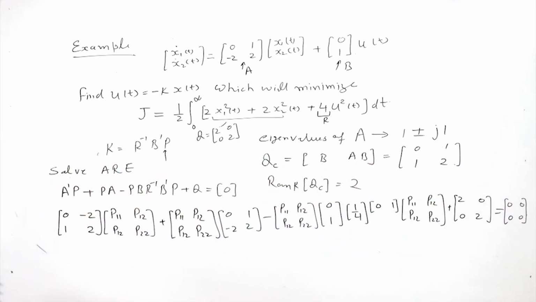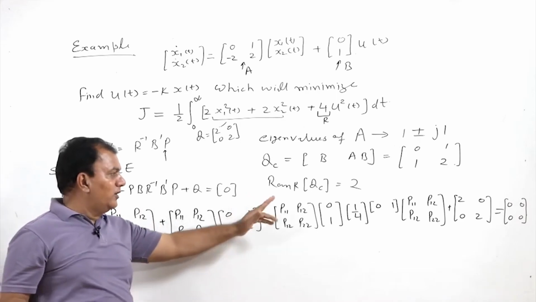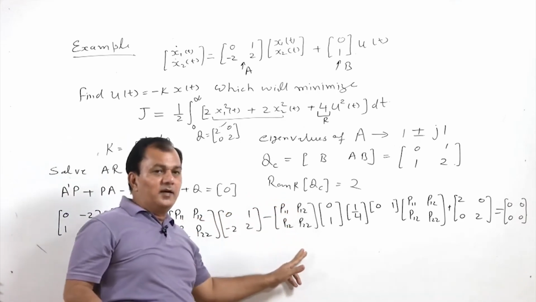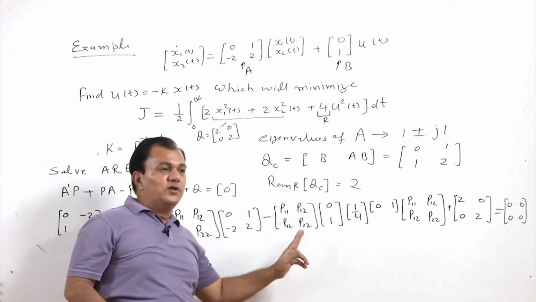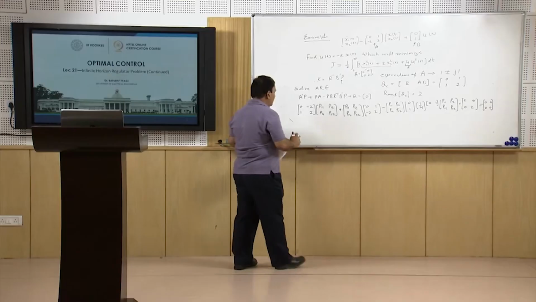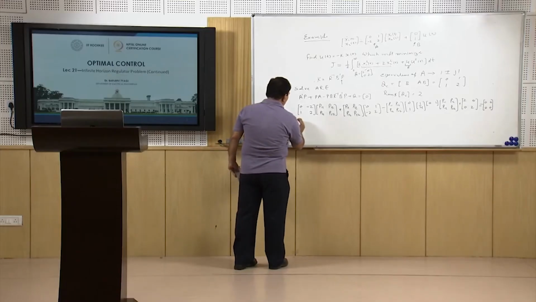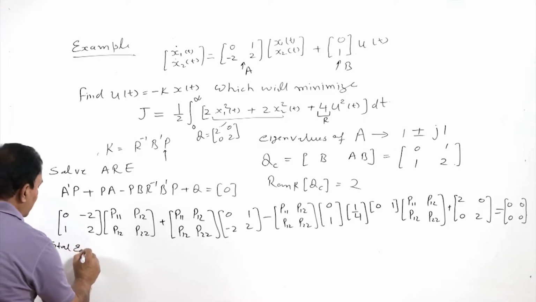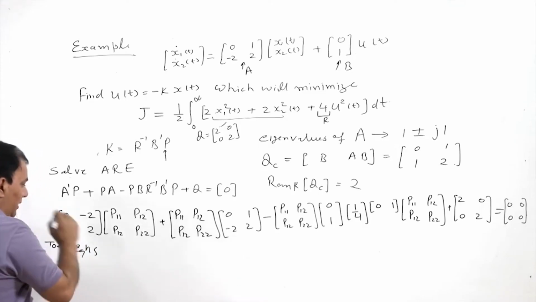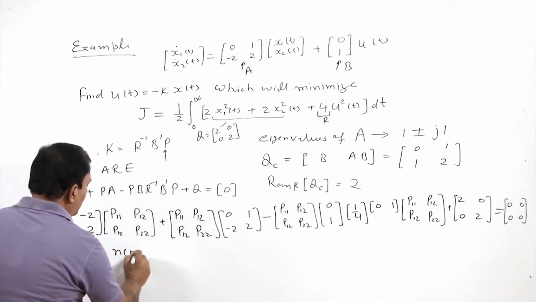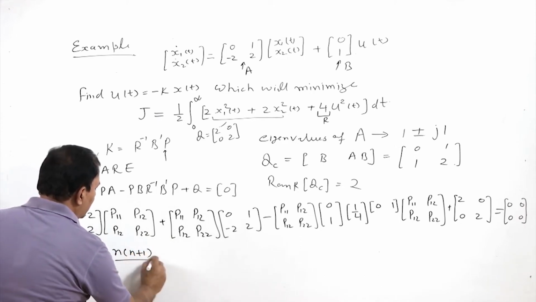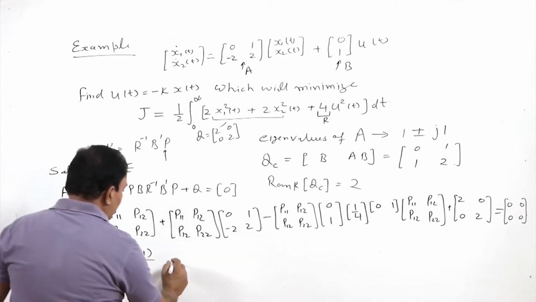So, now what we know, if we solve this taking P as a symmetric matrix, the total number of equations is n into n plus 1 by 2. Here n is 2.